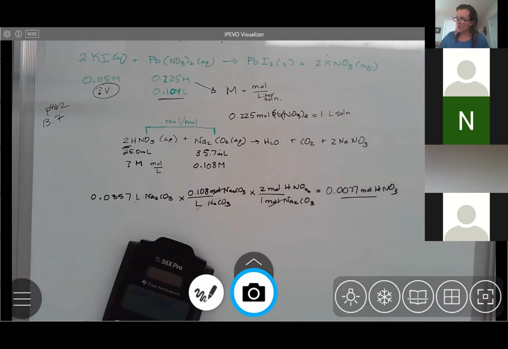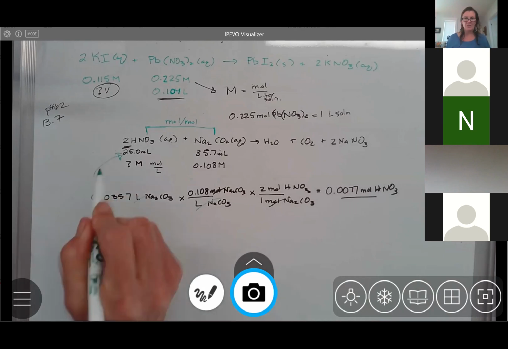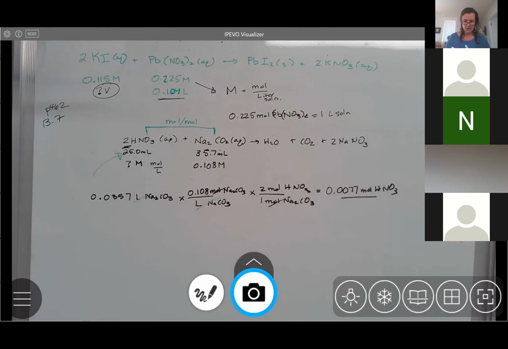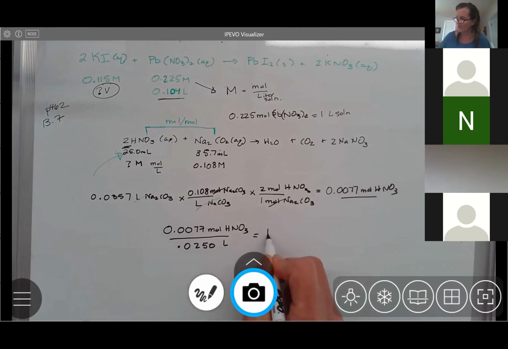And I know that that number of moles was in 25 milliliters. So if I take the moles that I have and I divide it by the liters of nitric acid, then I have the units of molarity, and that should be the answer.